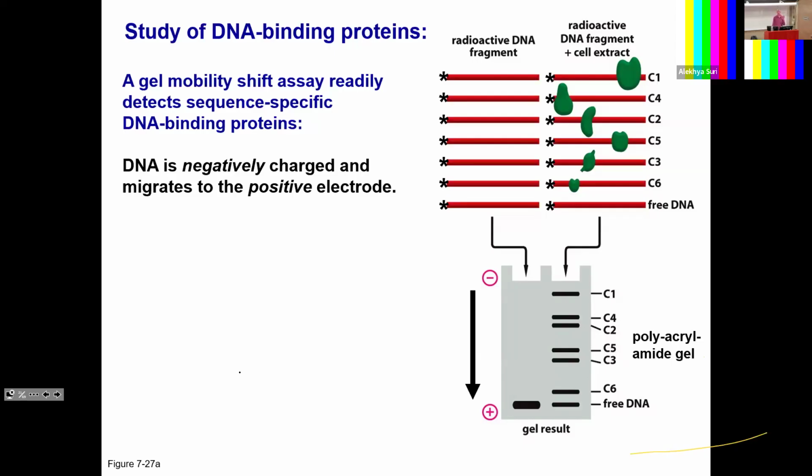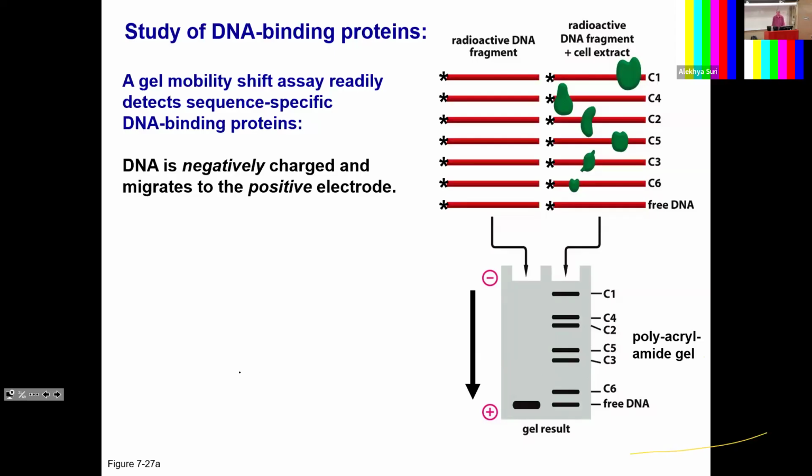This means these DNA molecules are radioactive labeled, so you would be able to detect them by X-ray, by autoradiography, exposing it to an X-ray film, or by phosphor imager, for example, which is another way.